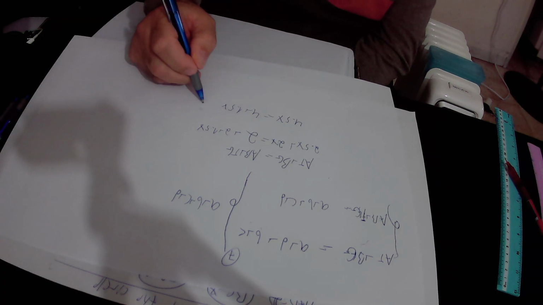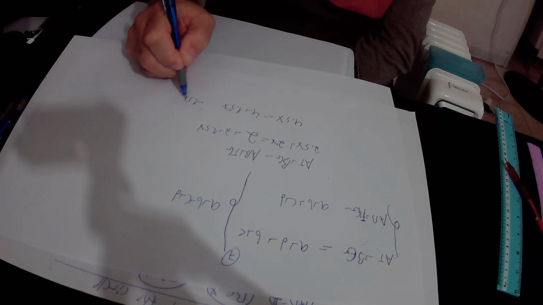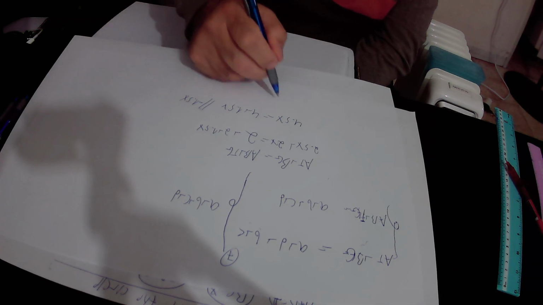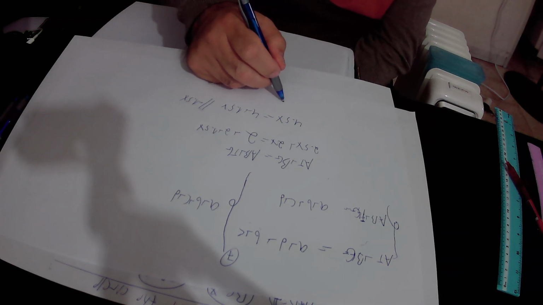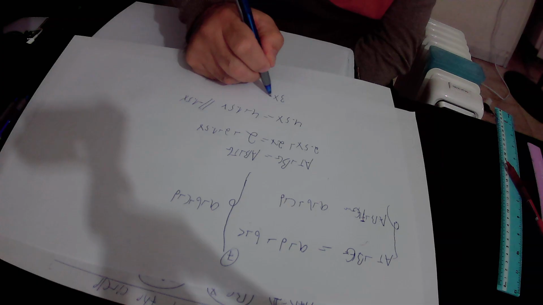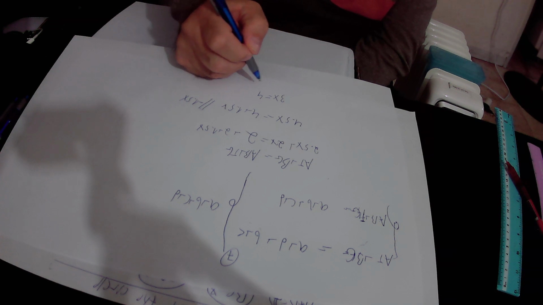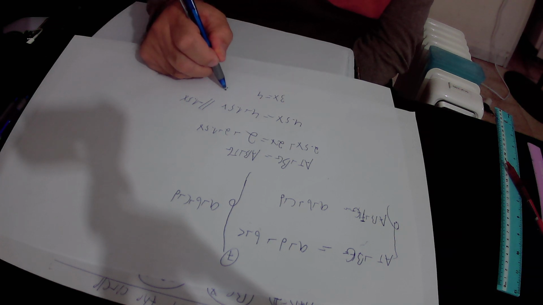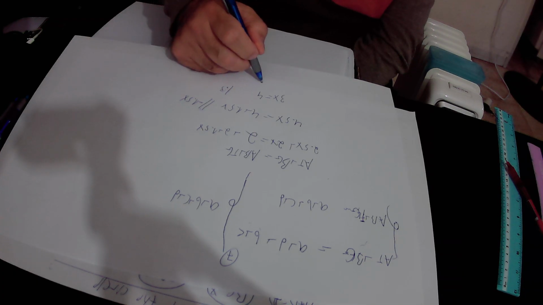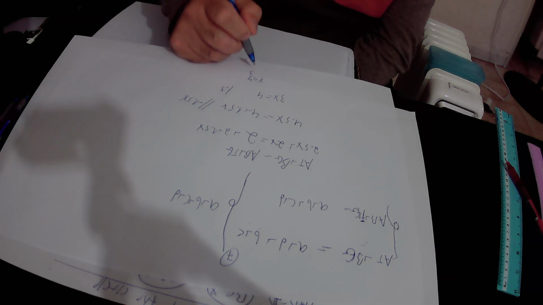Here we subtract 1.5x from this equation, and we get that 4.5x minus 1.5x, that is 3x, is equal to 4. Here we divide this equation by 3, and we get that x equals 4 over 3. x is the radius of the circle.